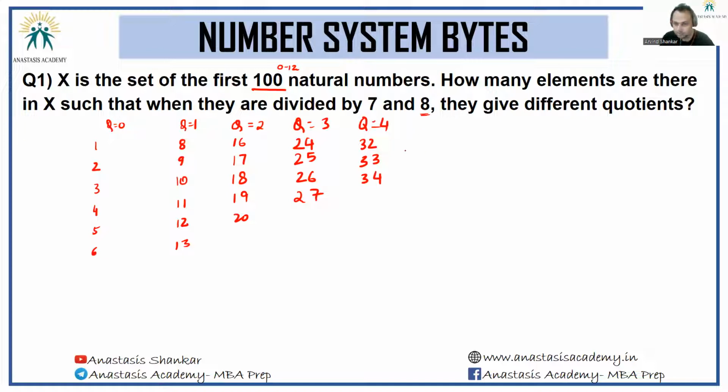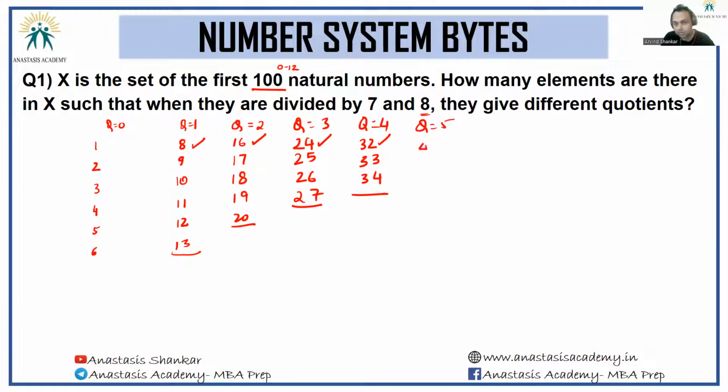Not beyond this. Can you see what I've tried to do here? What I've tried to do here is the starting point is multiple of 8. The ending point is just before multiple of 7. Multiple of 8 just before multiple of 7.